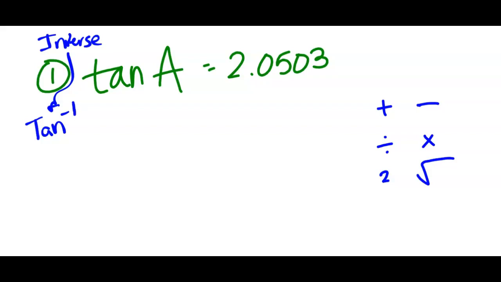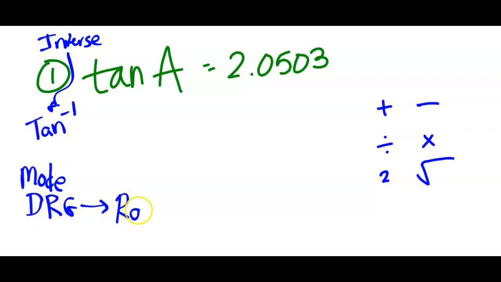Before you hit second tangent, I'm sorry, you're going to change the mode of your DRG to radians. If you don't put it in radians, you're going to get a wrong answer. So you are looking at radians for length.